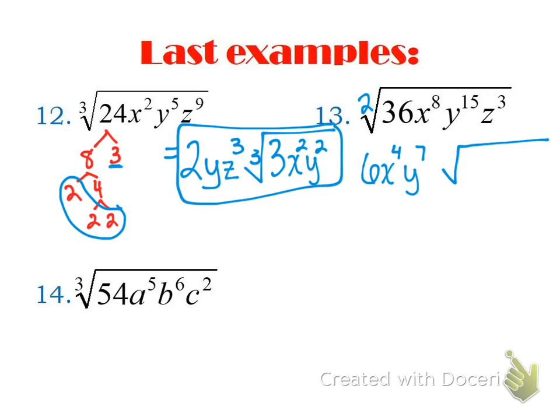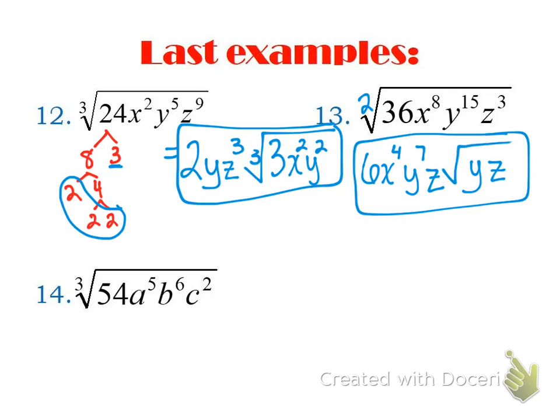How many are left over? 1. So 1 y inside. Z cubed makes how many groups of 2? 1. So 1 z outside. How many left over? 1. So 1 z inside. Questions about how we built the answer for number 13?